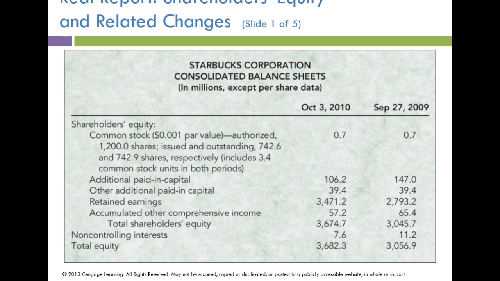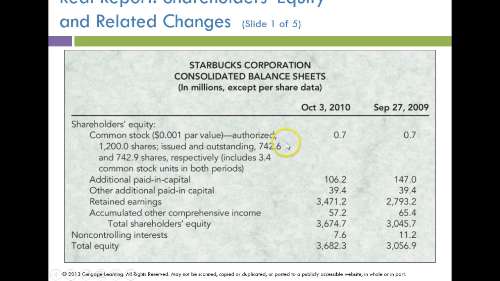Okay, so here we've got September 27th of 2009. We've got October 3rd of 2010. Here's our balance sheet as it relates to our stockholders' equity section. We've got common stock, authorized, 1.2 million shares.